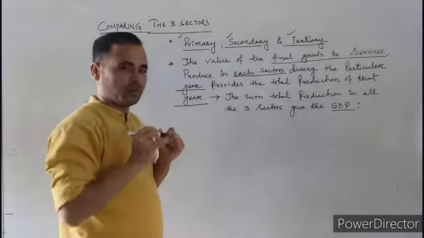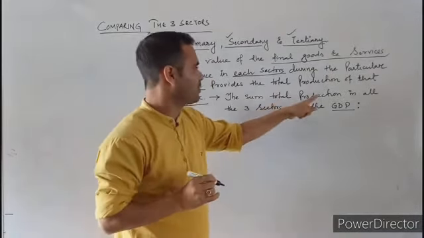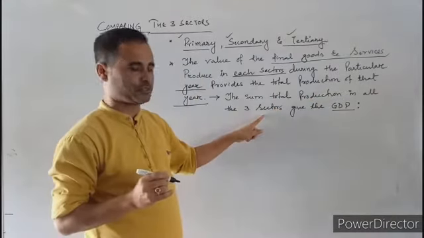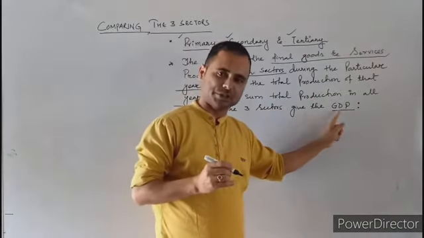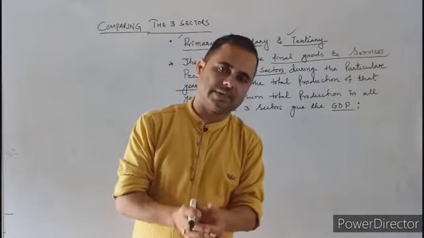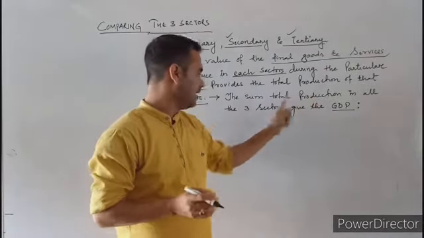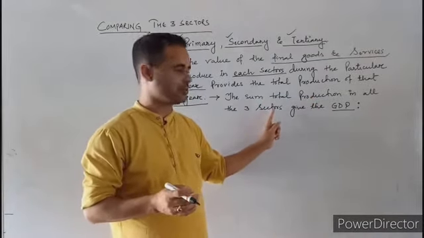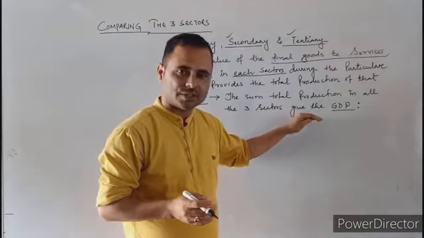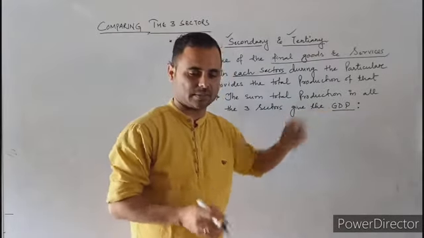Now when we sum the total production in all the three sectors, that gives GDP. So in this way the GDP is calculated. GDP is the sum total production in all the three sectors, and that gives the gross domestic product.